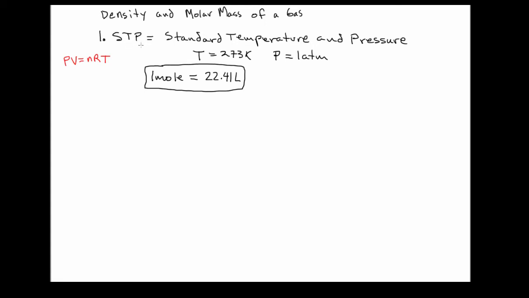Now, the thing about stipulating that the temperature and the pressure of a gas is constant is that you will have some kind of relationship like this at any temperature and pressure that's fixed, but it won't be a situation where exactly 1 mole is equal to 22.41 liters.